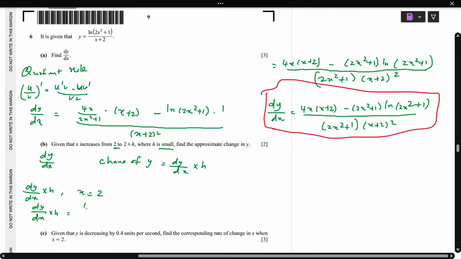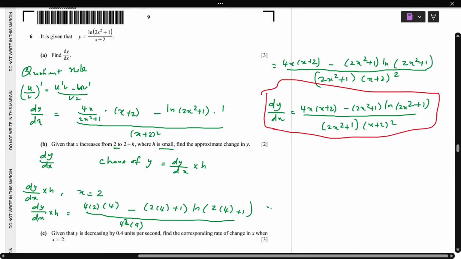So 4 of 2 into 4 minus 2 of 4 plus 1 into natural log of 2 of 4 plus 1, over 4 square into 9.